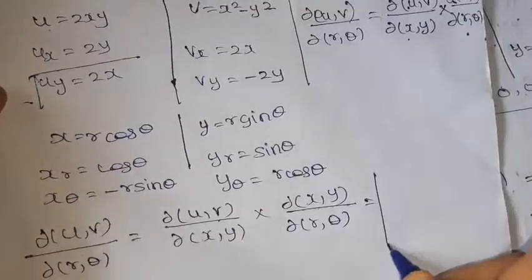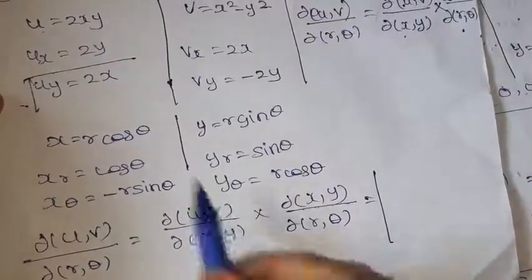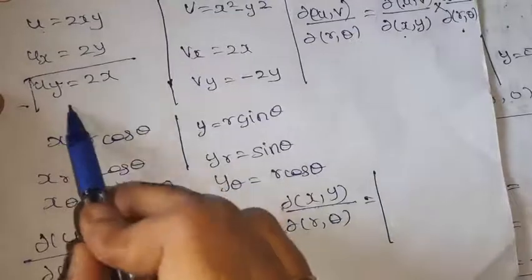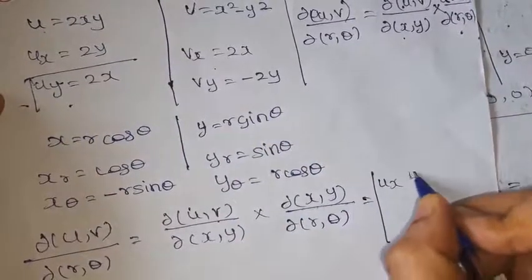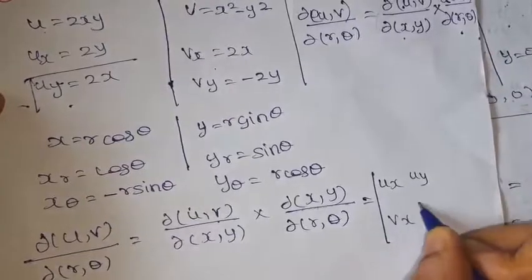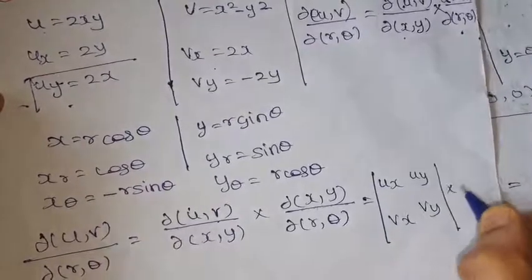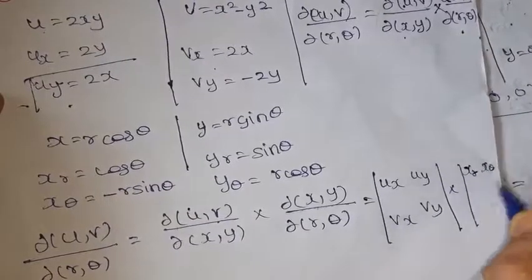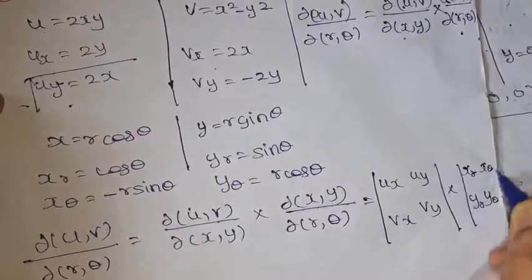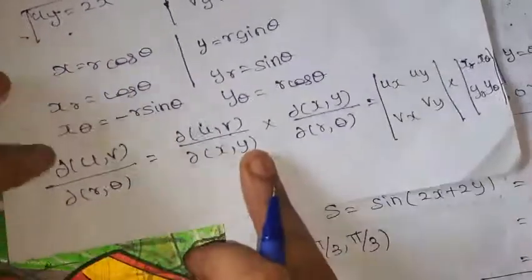So just substitute all values in the matrix. First ux uy vx vy, into xr x theta, yr y theta. Just substitute all values and then simplify.